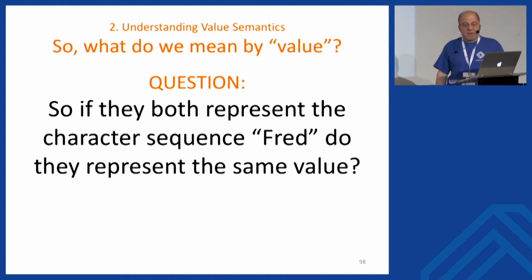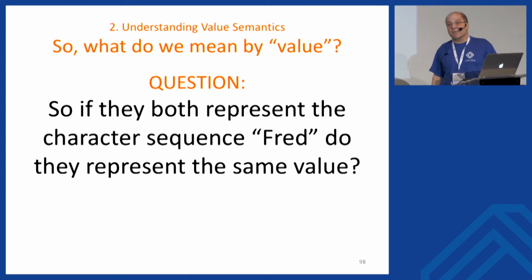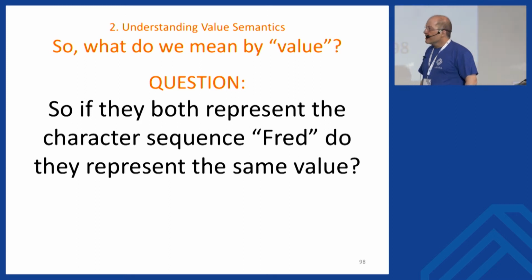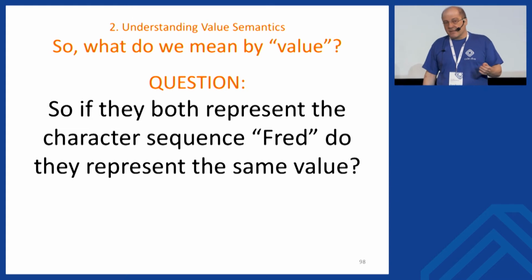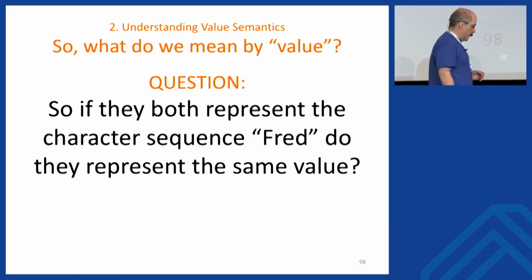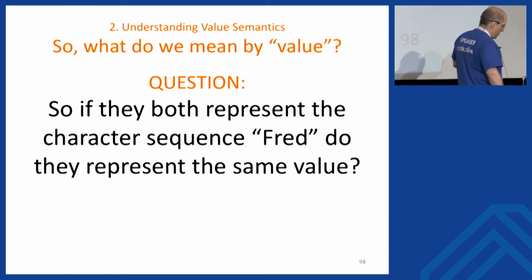So, if they both represent the same character sequence, do they represent the same value? Now this gets interesting, because are the integer 5 and the double 5 the same? You can have people get into fist fights over that one. Seriously. Well, it turns out that there is a way to answer this question.